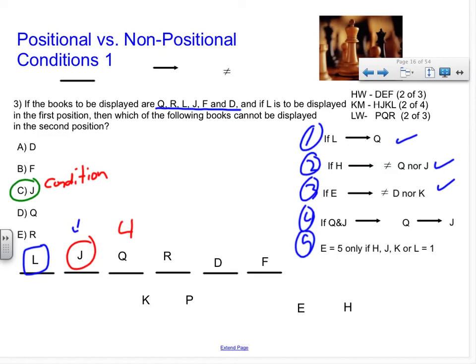So we don't even have to look at the other questions, because we can determine that C, based on the fourth condition, is our final answer.